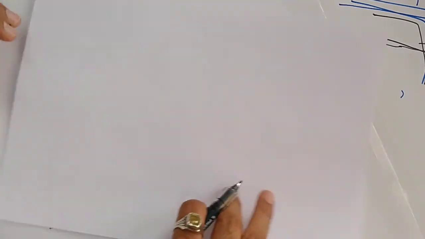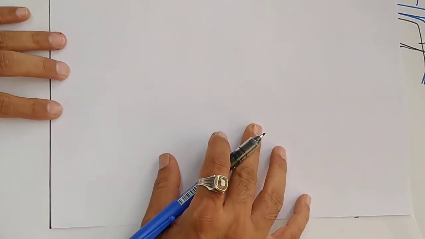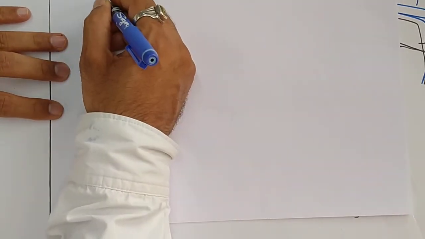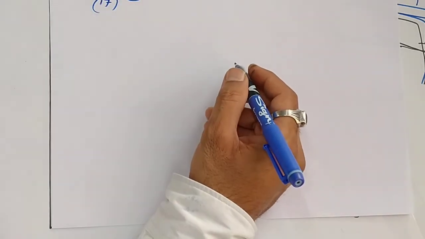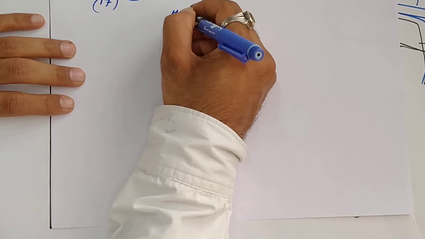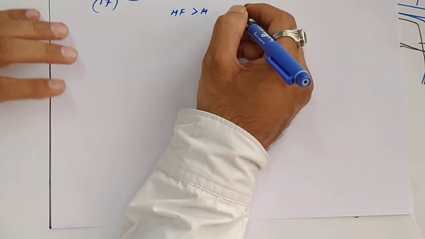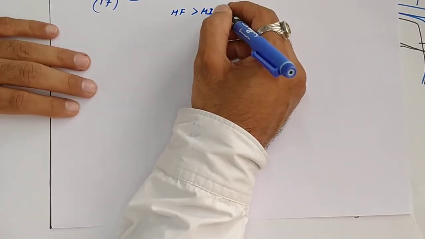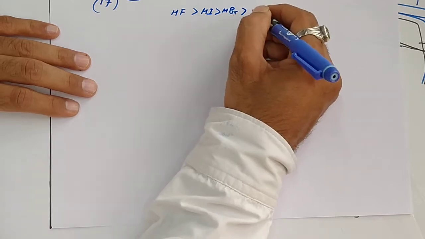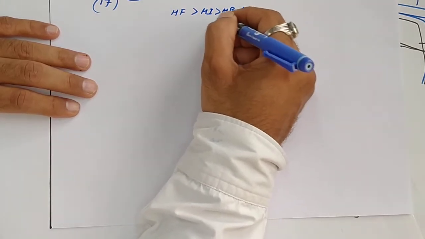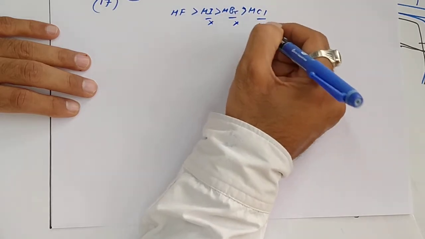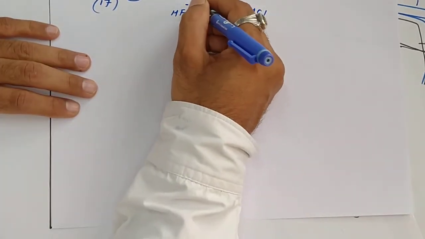Now group number 17, 7A. Hydrides of it are HF, HI, HBr and HCl. Chlorine, bromine, iodine have no capacity to form hydrogen bonding.